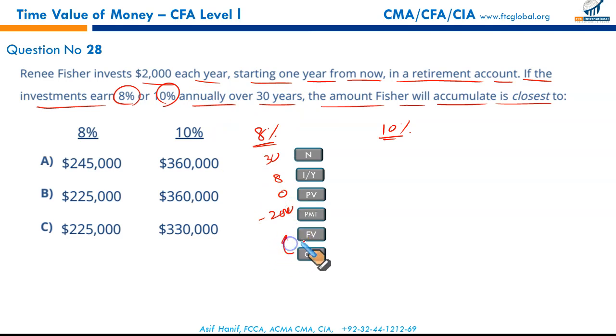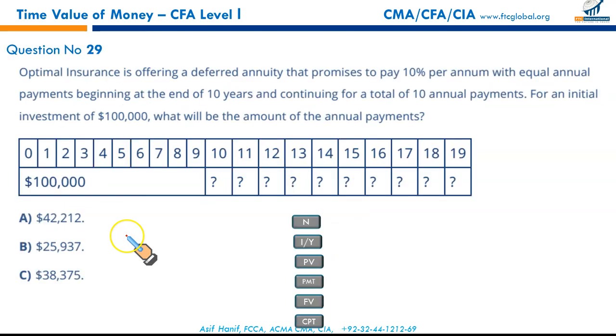What would be the future amount? That's what we need to calculate. In case of 10%, 30 payments, 10% interest, present value 0. 2,000 is the recurring payment. What will be the future value? Simply punch in the numbers in your financial calculator TVM and you will get 225 and 330 as your result. Save time and move on.